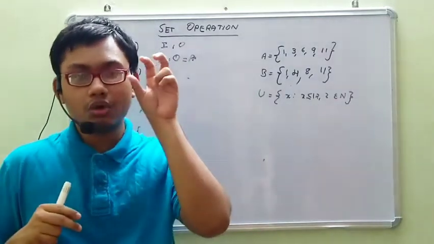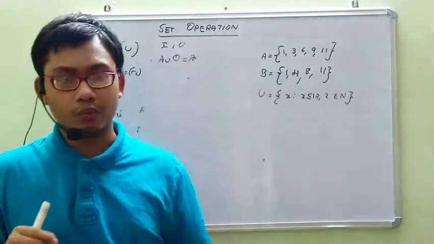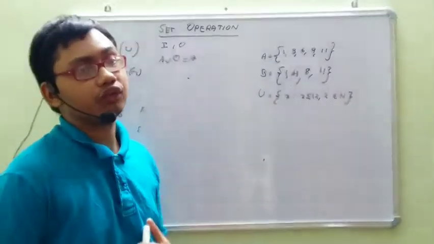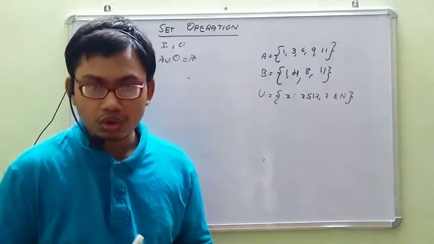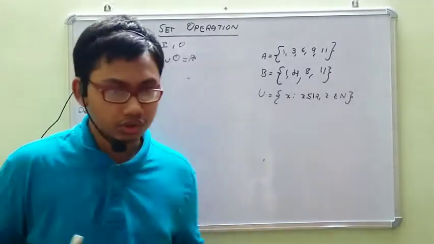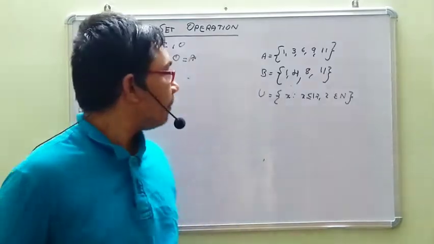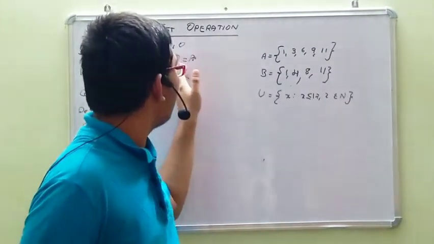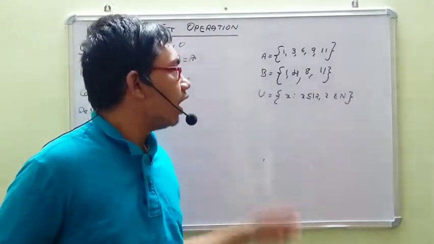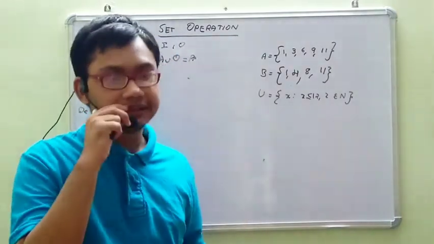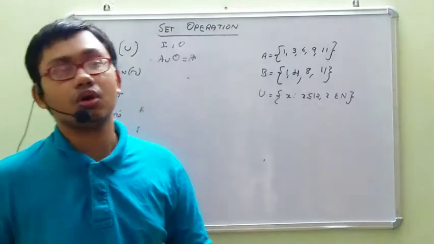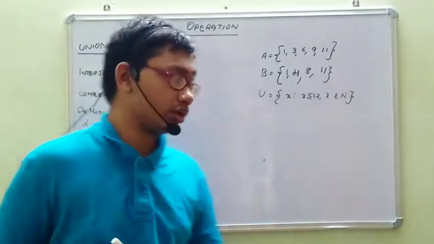What is the peculiarity of the element 0? Anything plus 0 will be equal to itself. Similarly, in set theory, it is not necessarily 0, but if A union O is equal to A, then that element is called the additive identity.